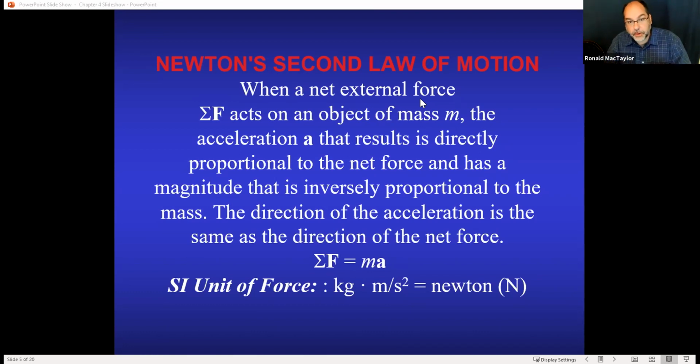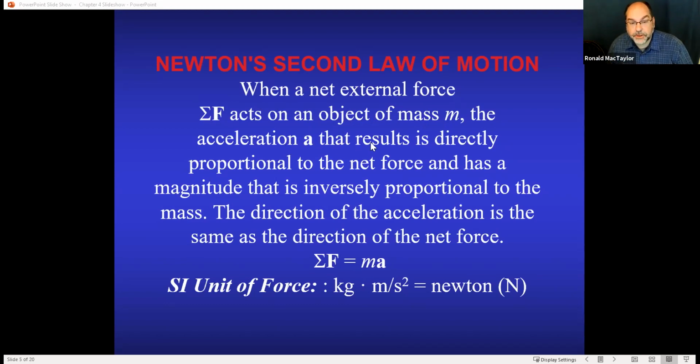Whereas if you put the car in neutral and get out of the car and then push, you are providing an external force, a net external force, I hope, if you're able to push hard enough on this massive car. So when a net external force acts on an object of mass m, the mass of the car, the result is acceleration.